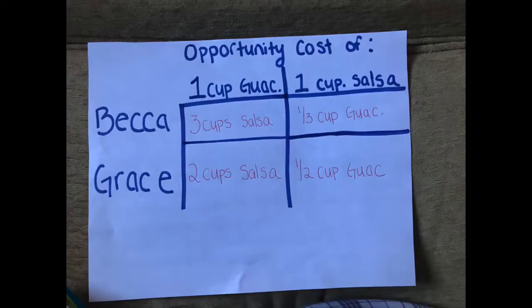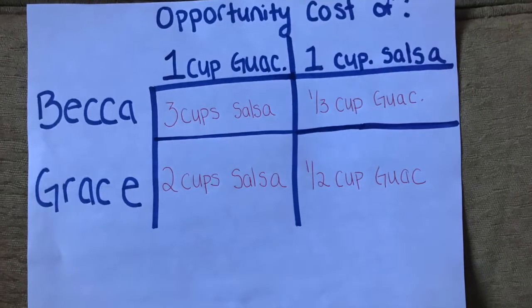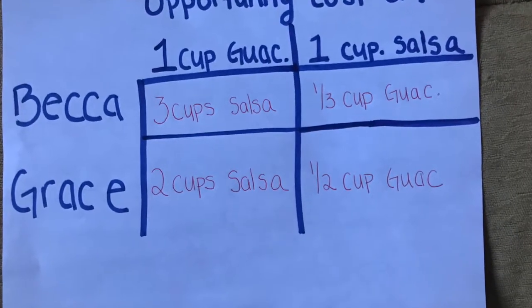First, let's start off by calculating Becca's opportunity cost for producing 1 cup of guacamole. Becca can produce 1 cup of guacamole in 30 minutes of work. When she spends those 30 minutes producing guacamole, she spends 30 fewer minutes producing salsa.